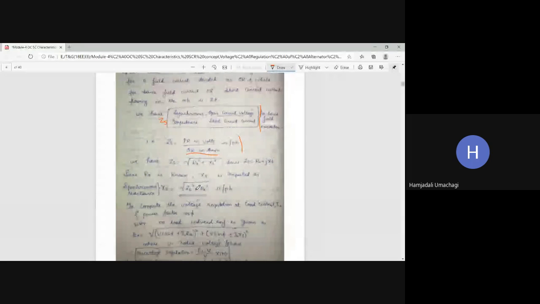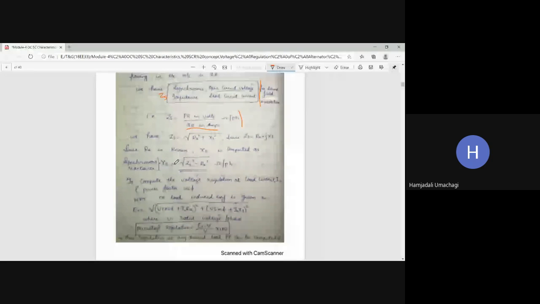We have also calculated the ZS value. I know ZS, I know RA. Which is unknown now? Only the synchronous reactance XS is unknown.